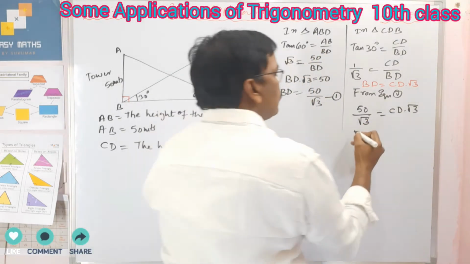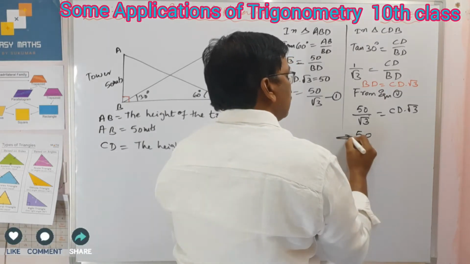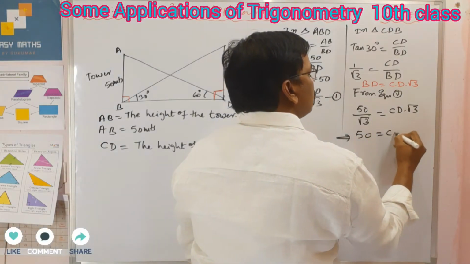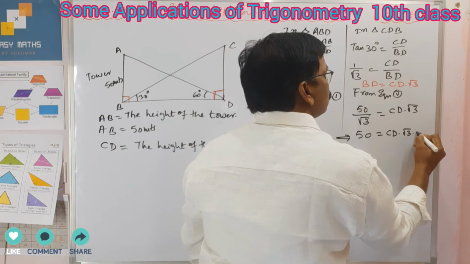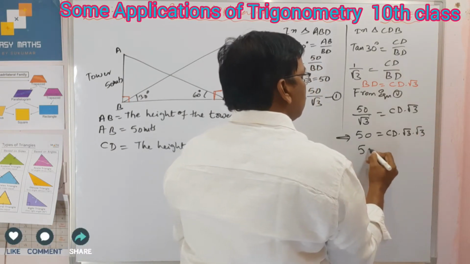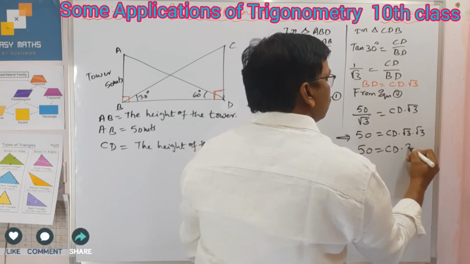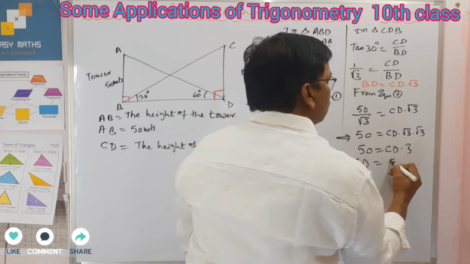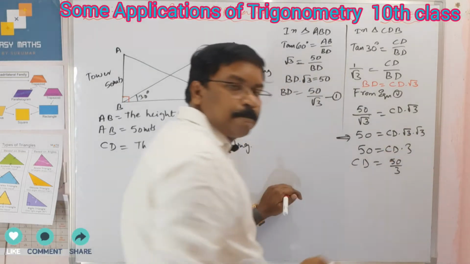By cross multiplication, 50 is equal to CD into root 3 into root 3. So 50 is equal to CD into 3. So CD is equal to 50 by 3.